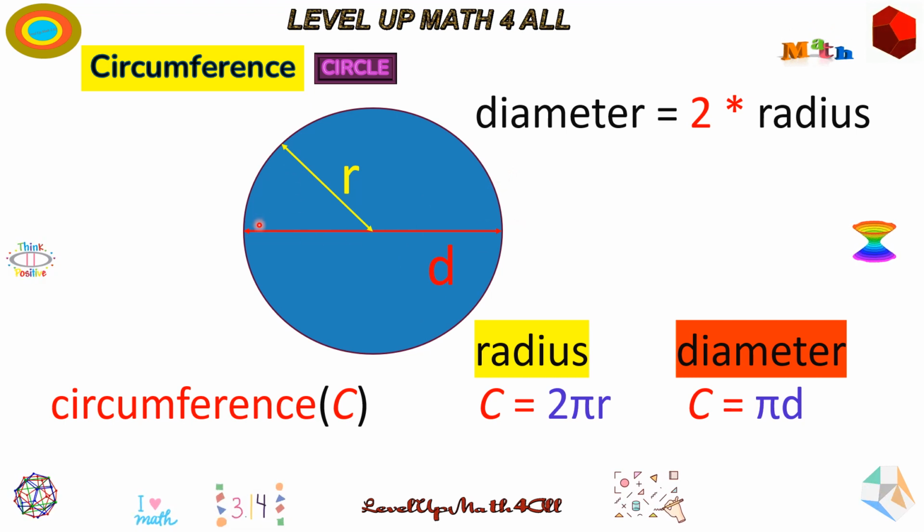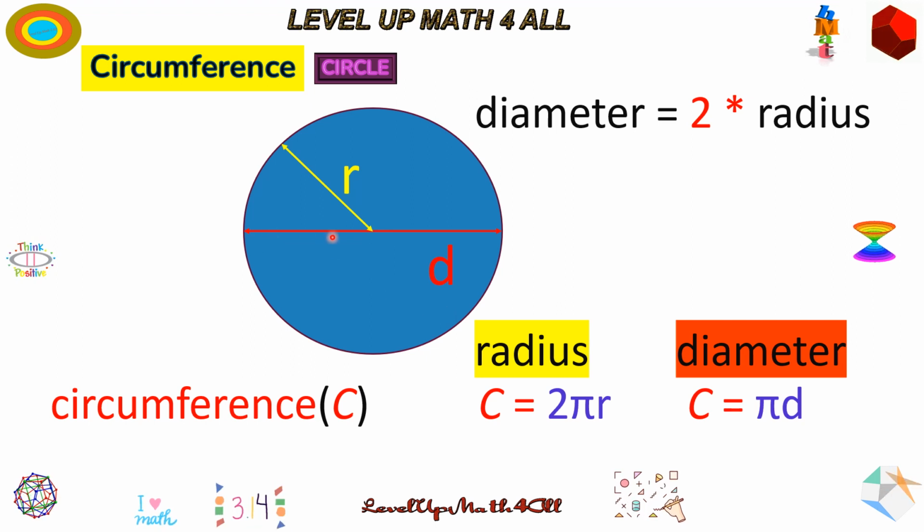In the general sense, 2 times the radius is the diameter. If you have a diameter from here to here, and you pull from here to here, that will become a full diameter.